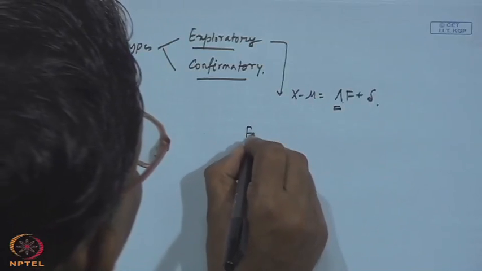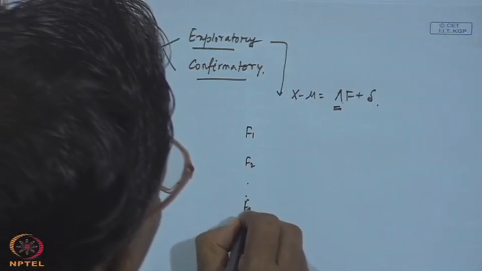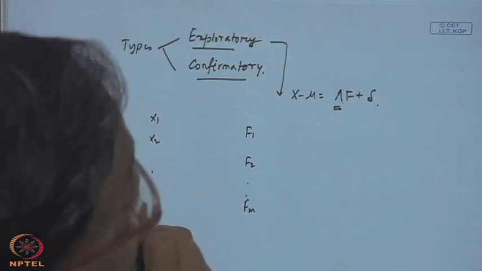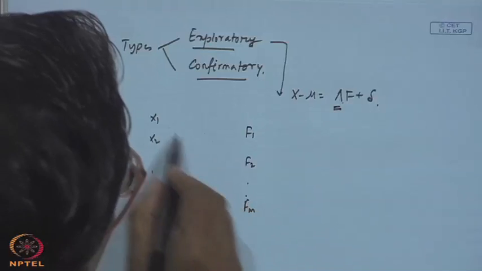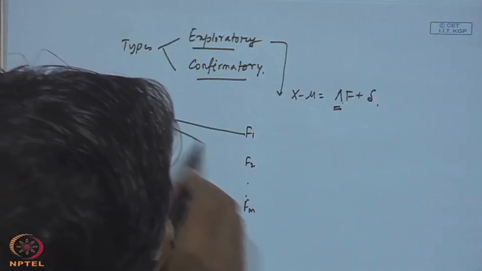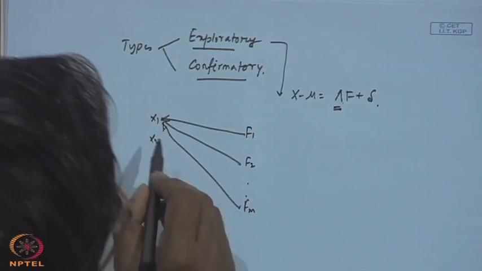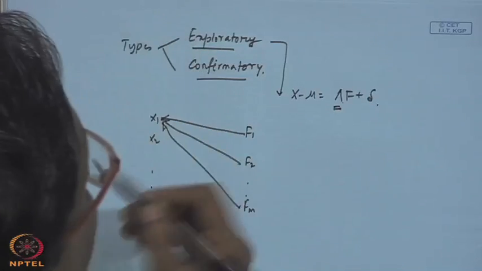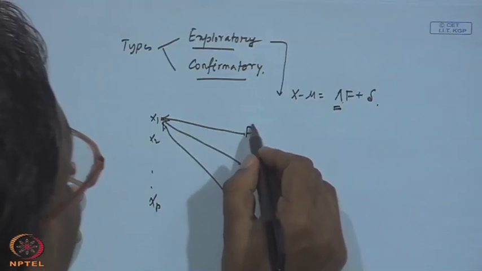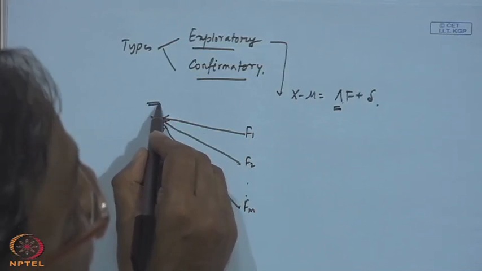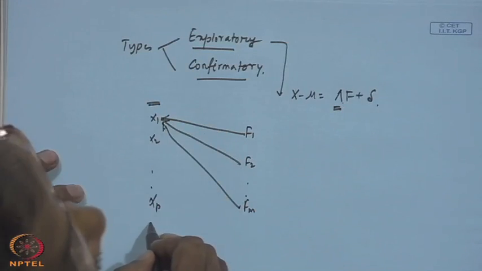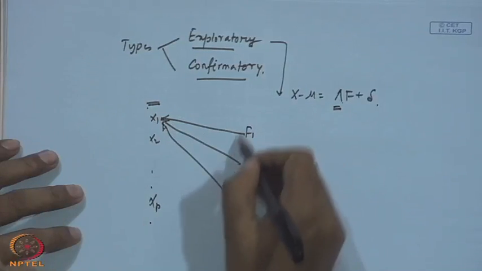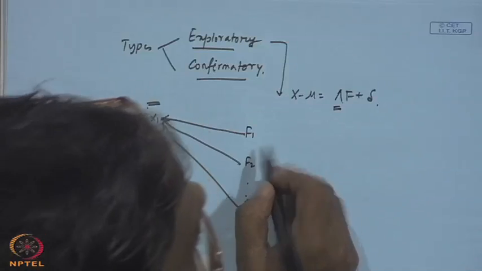I have f1, f2 to fm and I have x1, x2 to xp, and what we are trying to say is that each one of x is dependent on all f. I do not know exactly which x variables are coming out of which of the f's.